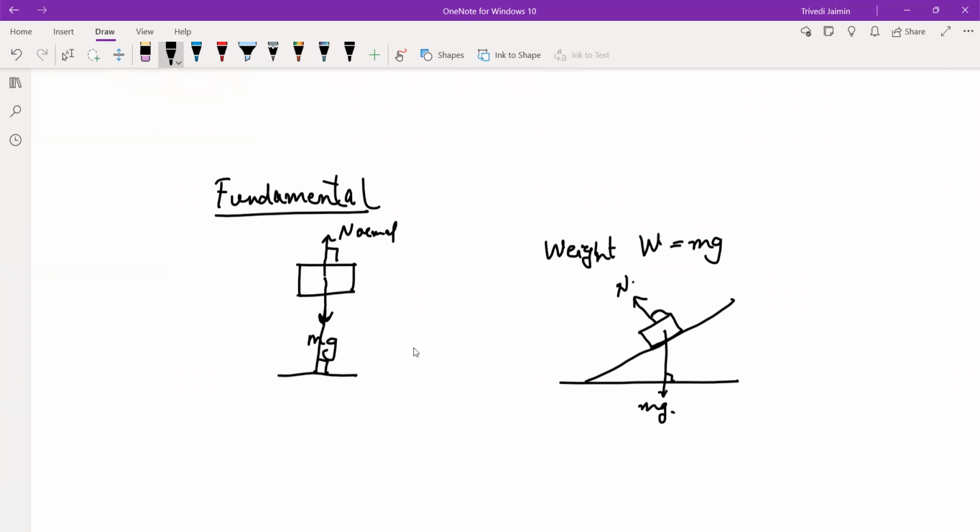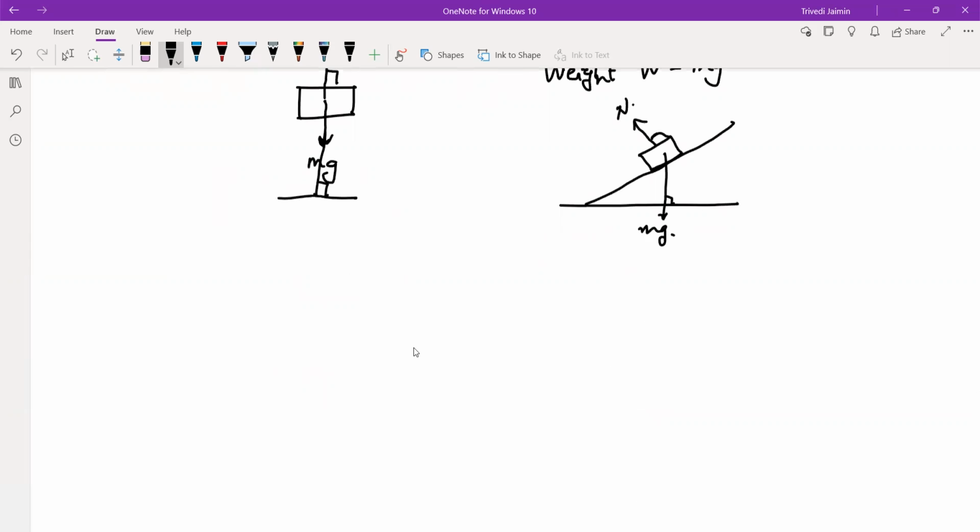Now, let me tie something here. This is a wall. I'm tying some box. So as usual, weight mg. Now there is one more force in this. This is a string. There is a tension in a string. Tension is a force.